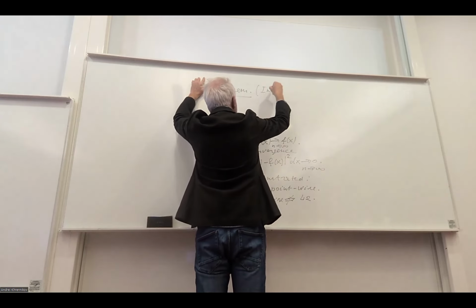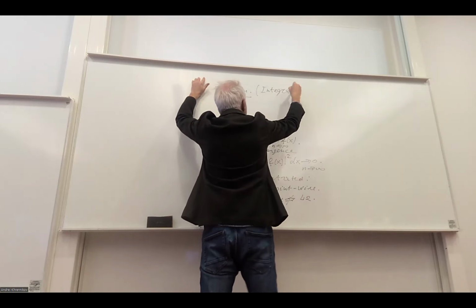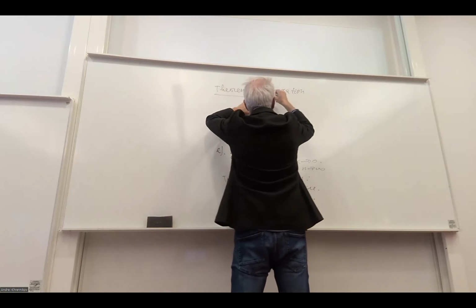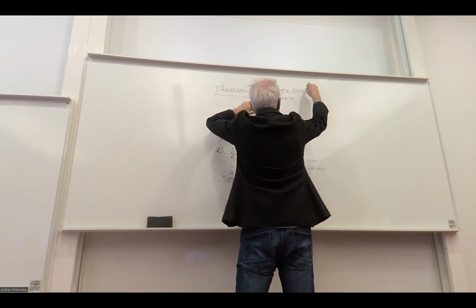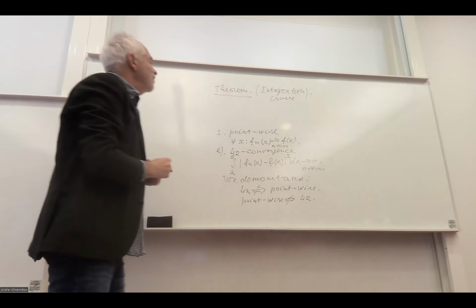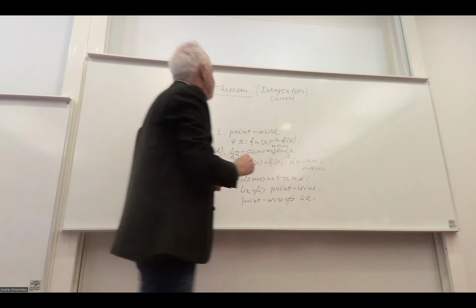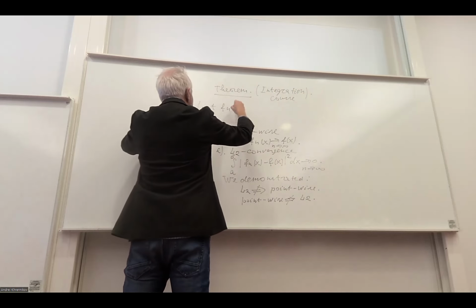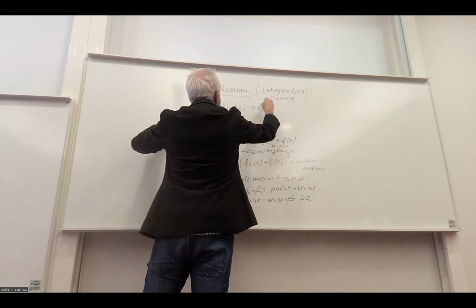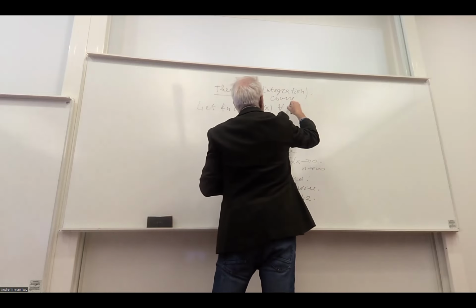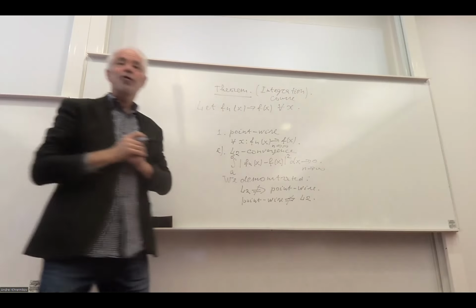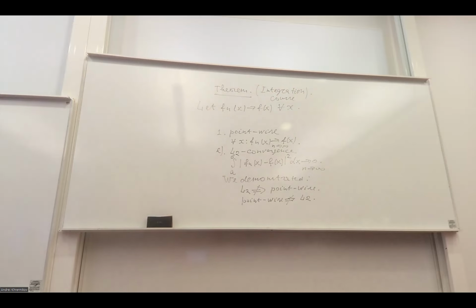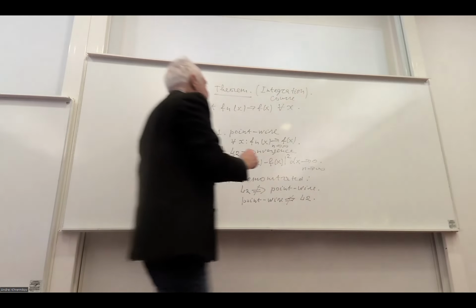This is from an integration course, and this theorem tells us the following. Let f_n(x) converge to f(x) for any x, so converge point-wise. But it's not enough.